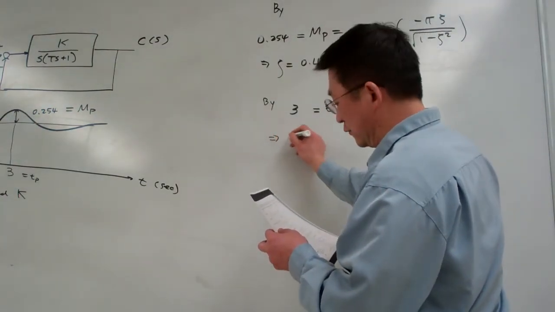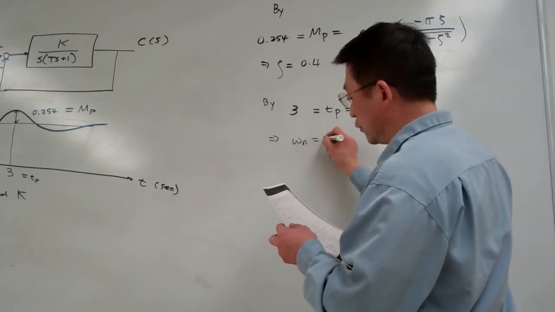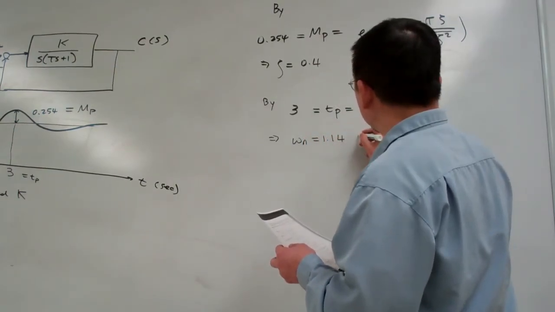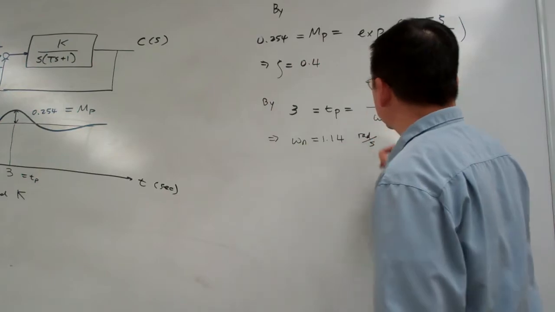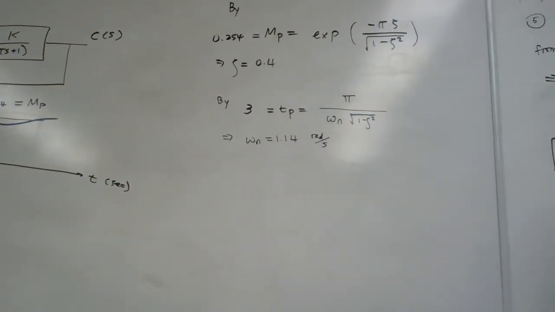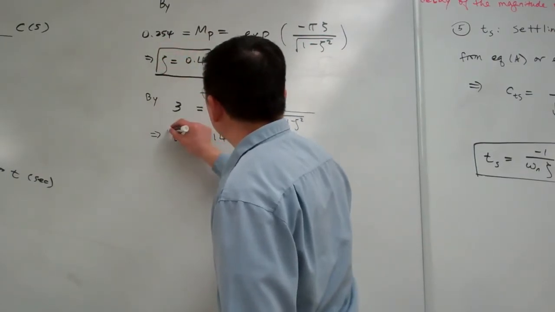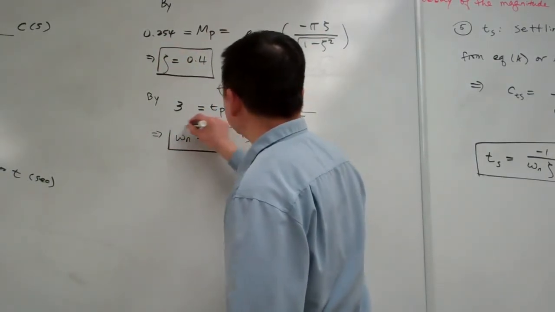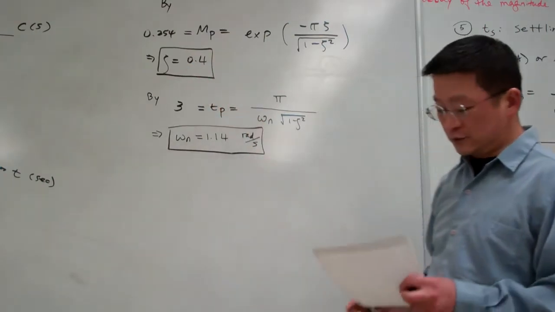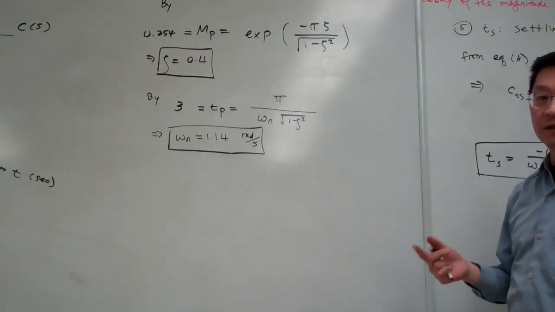Here we can solve for omega n equal to 1.14, in radians per second. Now we have zeta and we have omega n. Then we have to back calculate K and T.